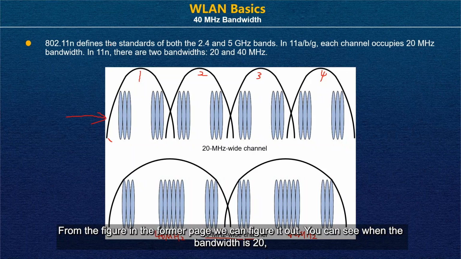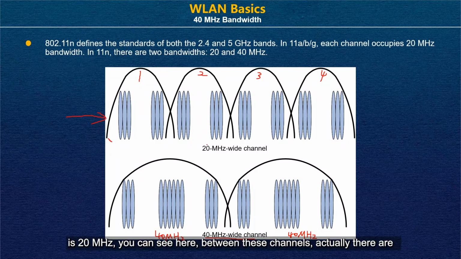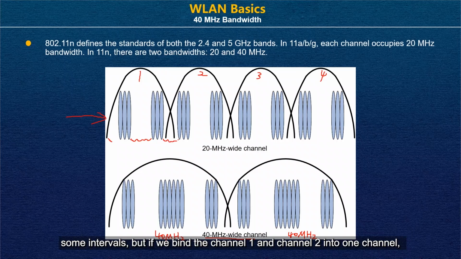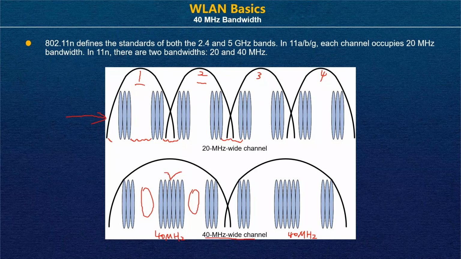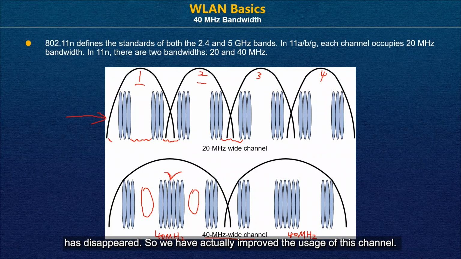You can see when the bandwidth is 20 megahertz, between these channels there are actually some intervals. But if we bind channel 1 and channel 2 into one channel, you can see this interval still exists, but the interval here has disappeared.